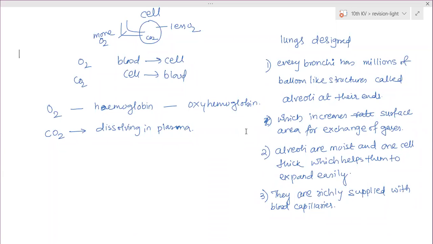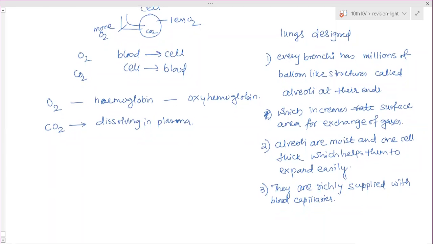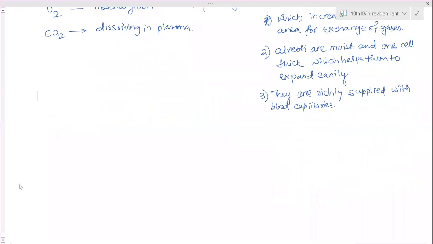You have to draw the diagram without the bones. No need to draw the vertebral column or the rings, and you are not supposed to show the chest cavity. Okay, fine about the lungs. Then it is further transportation. Transportation part.